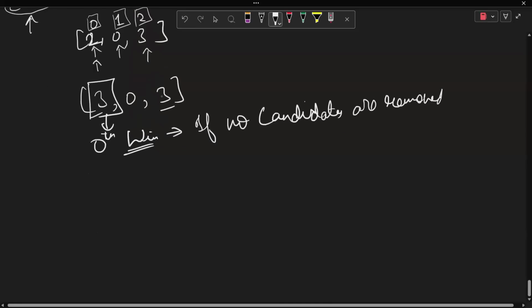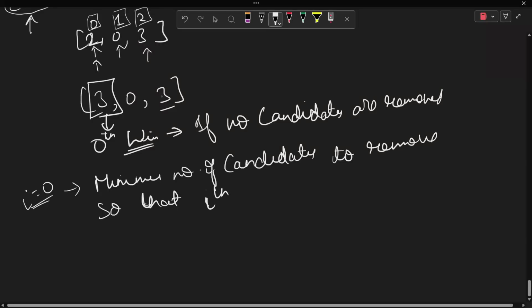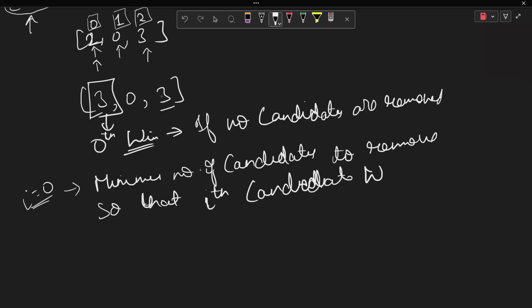So what would my answer for i equal to 0 be? For i equal to 0, we need to find the minimum number of candidates to remove so that the ith candidate wins.